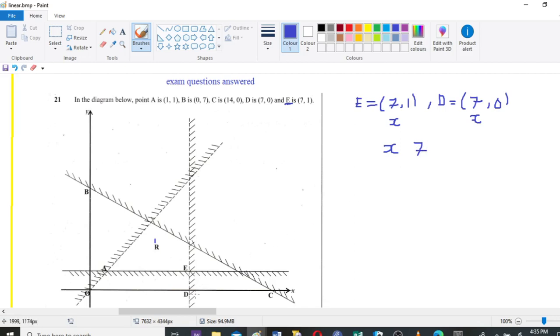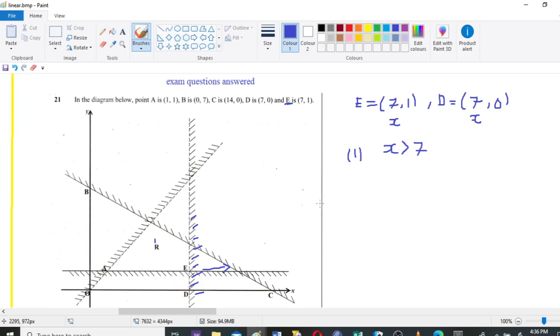Looking at the area to which this line is shaded, it is shaded to all the numbers greater than 7, so the inequality will be x greater than 7. All the x values on the x-axis starting at E going this way are greater than 7. So that is your first inequality, defining the unshaded region.